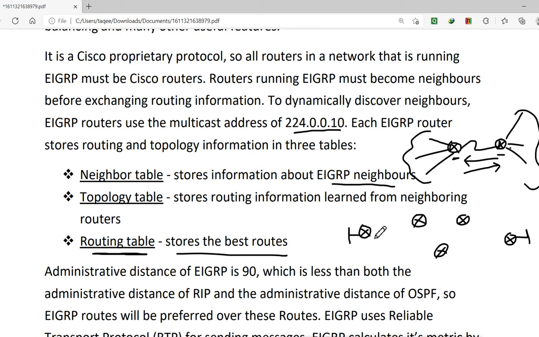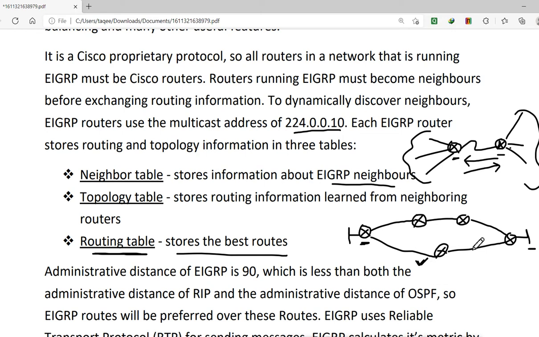Now we can reach the network from this path, and also from this path. Let's say we calculated that this is the best path. This best path will go to the routing table. That means this router knows that if you want to go to this network, this is the best path and you always go from this path.